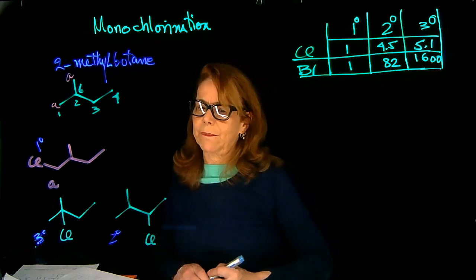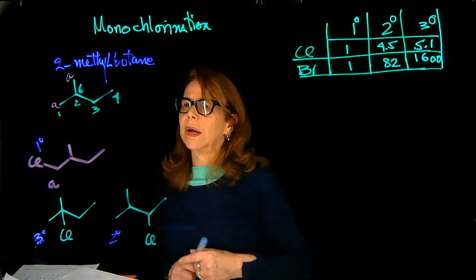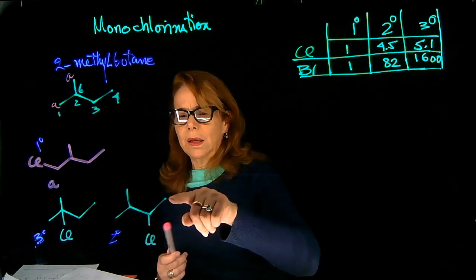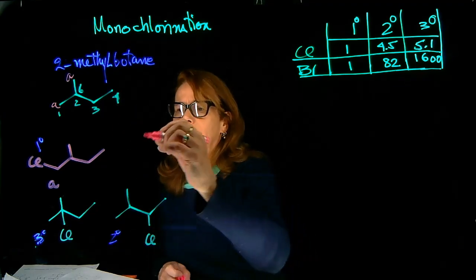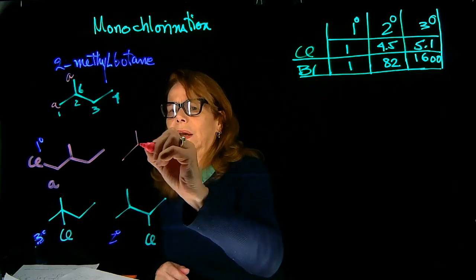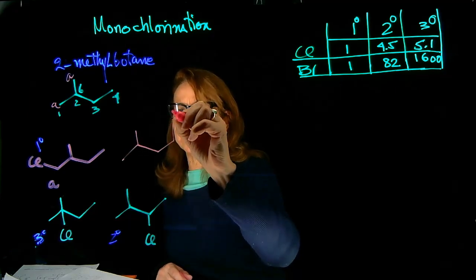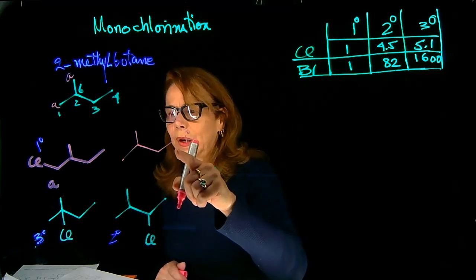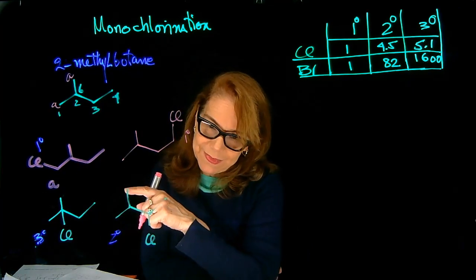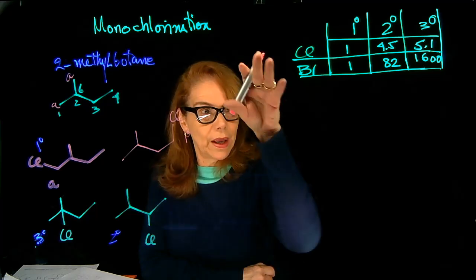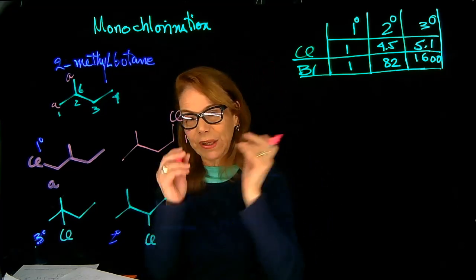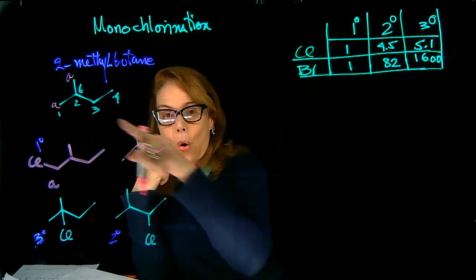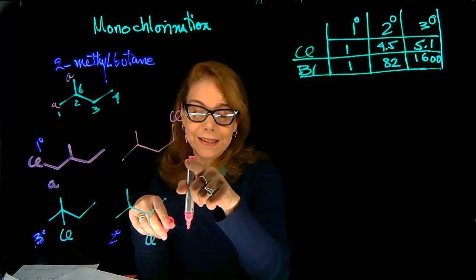The final product, here I have another position, but what I want you to see is that if I replace a hydrogen there, I am going to get a product that is actually different. This is a primary again, but this is a primary product that's different from that. So we need to take that into account when we do the calculation. We cannot group these 6 hydrogens here with this, because these lead to a different product.